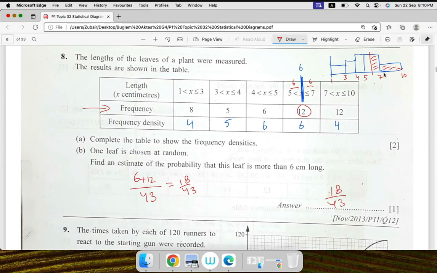Are you getting 43? Yeah, 43. And then do we have to turn that into a percentage? No, probability is just the fraction. 18 out of 40. Okay.